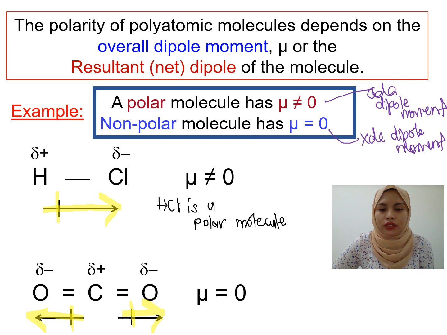Okay, so sekarang ni kalau you nak tahu molekul tu dia ada dipole moment ke tidak, you tengok sini. Dekat molekul ni dia ada dua jenis dipole moment, satu di belah kiri, satu di belah kanan. So bila dia ada dua dipole moment di situ, makanya diorang punya dipole moment ni actually can cancel out each other.